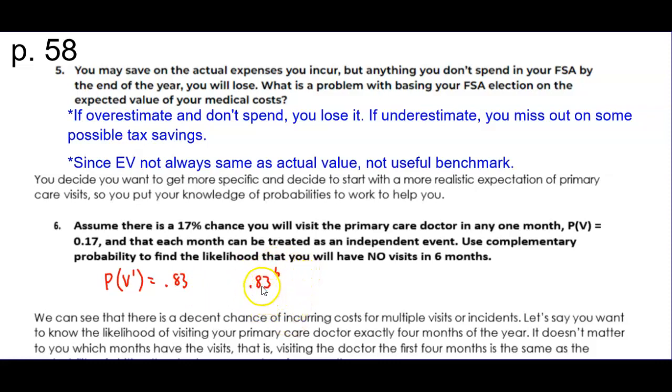This right here represents 0.83 times 0.83 times 0.83 and so on for 6 months. It would have to be every month not going to have avoided it for 6 months, and so if I multiply all that together, it comes out to 0.405. So that's roughly 40.5% chance of no doctor visits over the course of 6 months.